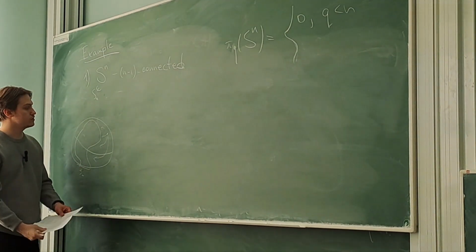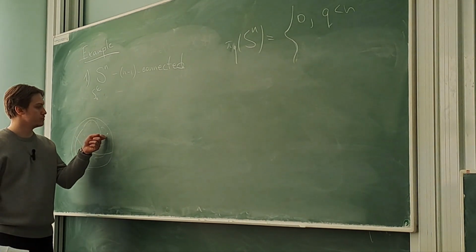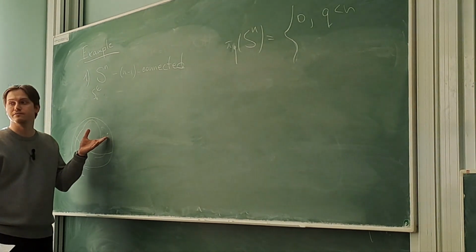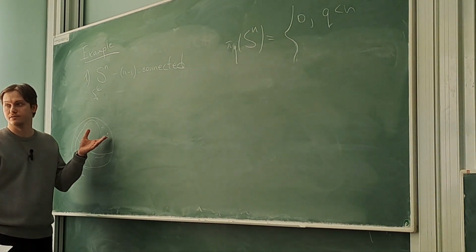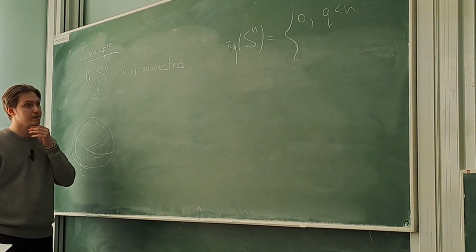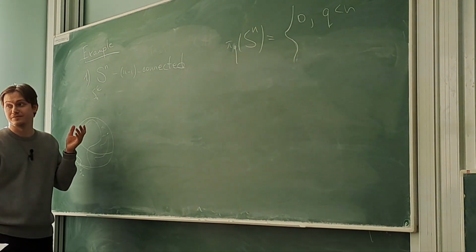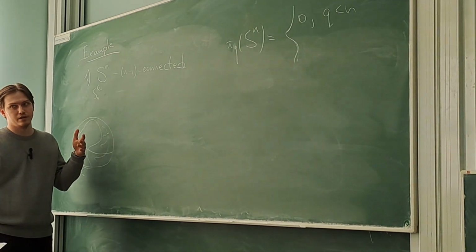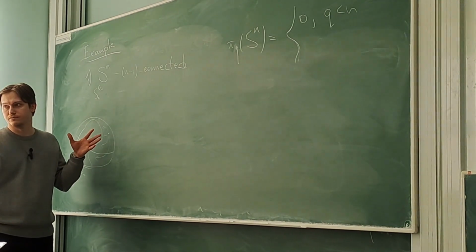So it is more or less obvious. The only problem is why we can choose such a point which doesn't lie in the image. And in fact, we can't, because there is a Peano curve and so on.